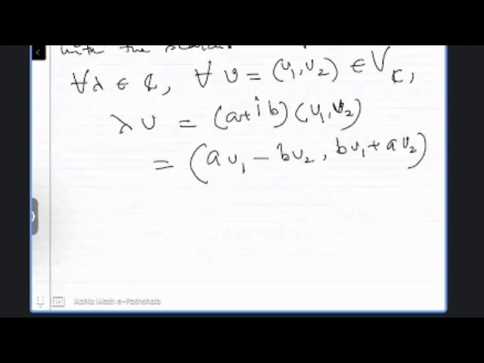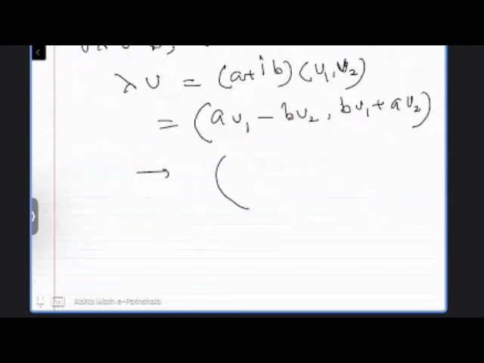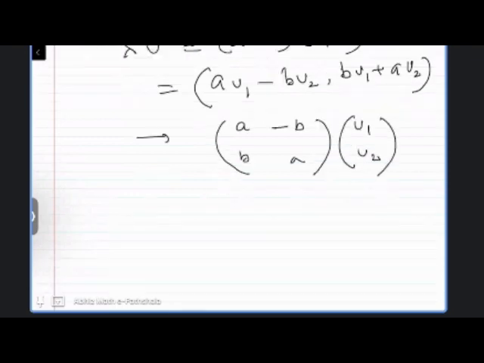What is the idea coming out here? It corresponds to this one. If you take this matrix, this matrix is actually the complex number a plus ib, right?